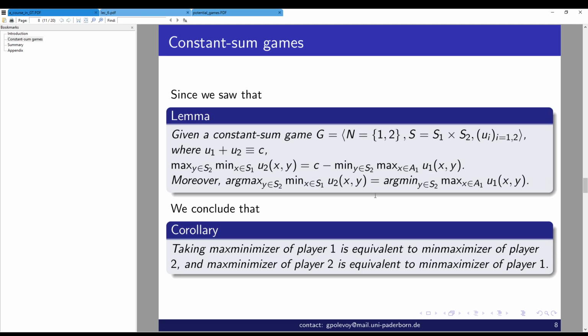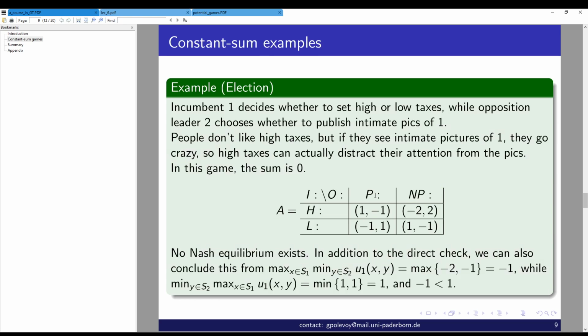And also, not only the values are equal, but the arguments which achieve those max min and min max are the same. Therefore, taking the max minimizer of player 1, which we need if we want to find those mixed Nash equilibria, is equivalent to taking the min maximizer of player 2, and the max minimizer of player 2 is equivalent to the min maximizer of player 1. That's quite intuitive. I simply mentioned it formally. And now let us look at some examples.